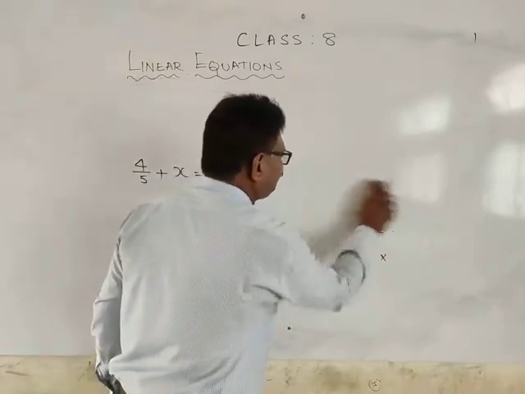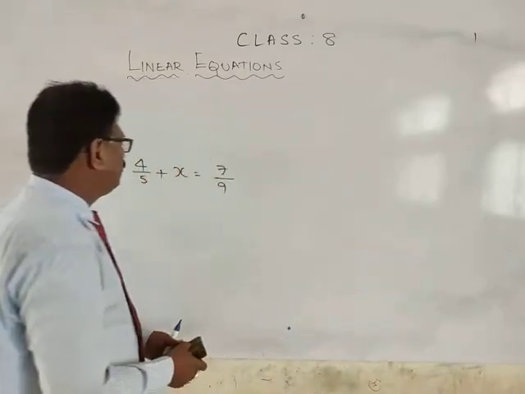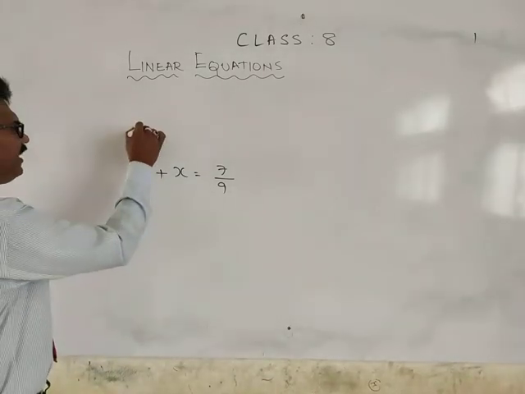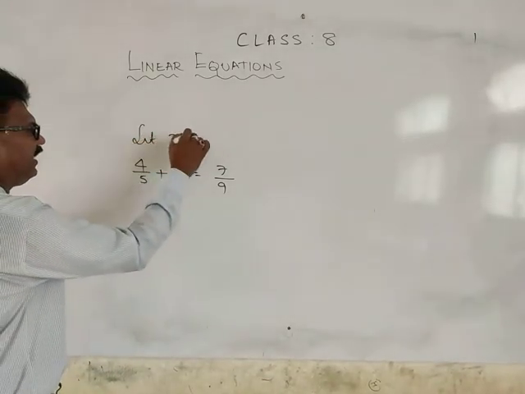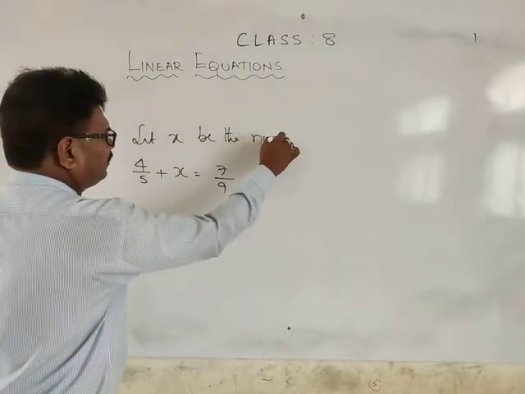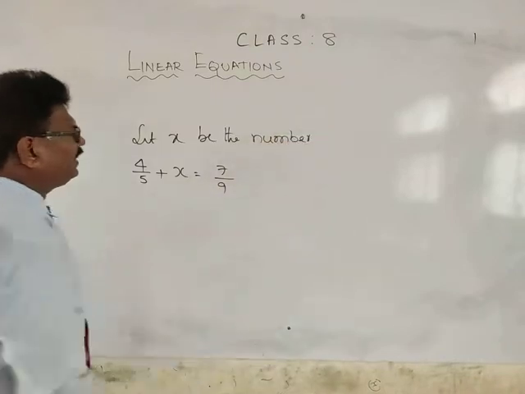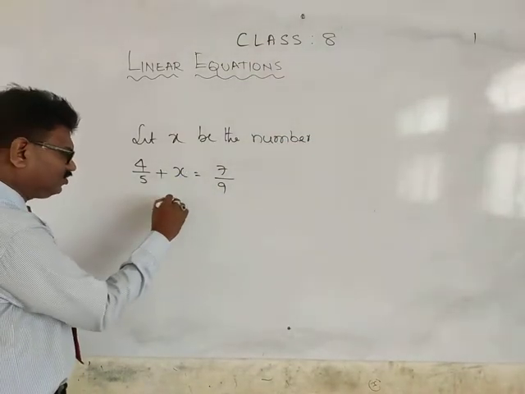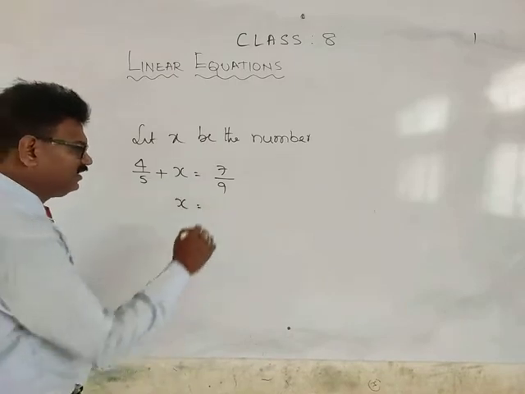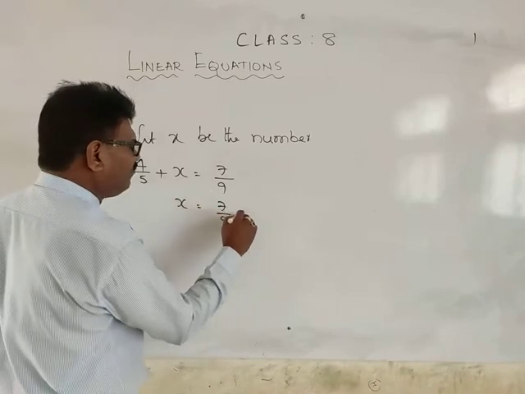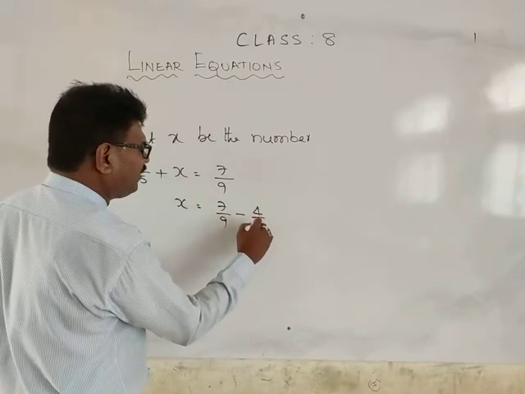Now, what must be added? Always write the problem like this: let x be the number. Here we added x, now we should find the value of x. 7 by 9 plus 4 by 5, it comes here as minus 4 by 5.